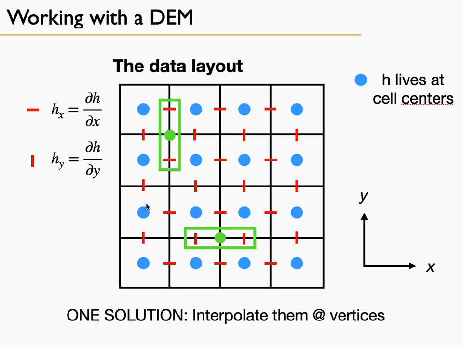So there's going to be an interpolation of the horizontal component of the slope, hx, vertically to this point, and an interpolation of hy horizontally to reach the same set of nodes.